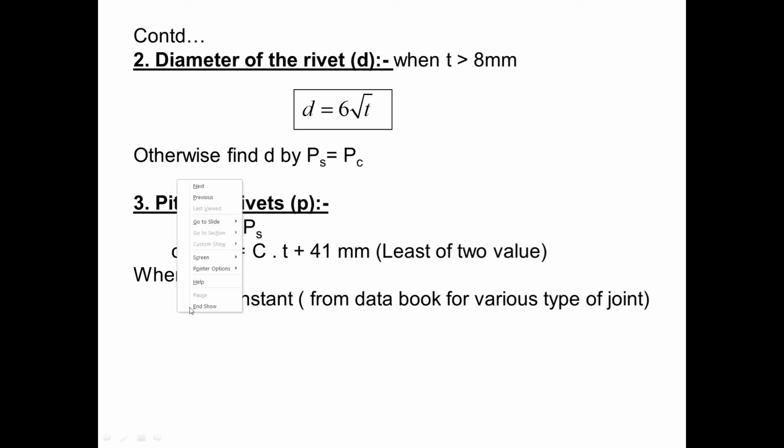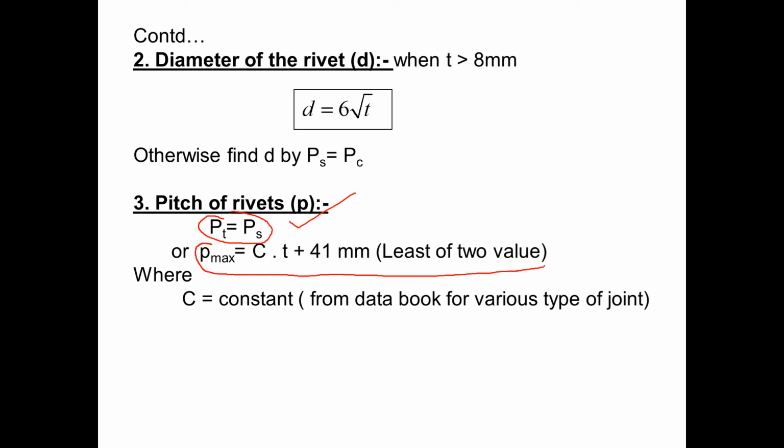Fine. So that means firstly you will equate PT with PS. You will get one value of pitch P. Secondly, you will use the empirical relation P max is equal to C into T plus 41 mm. You will get the value of P. Then which P you will take? You have to take the least of the two values.